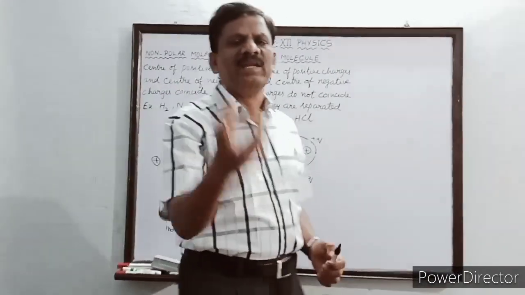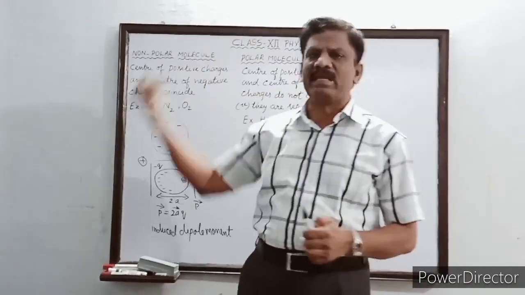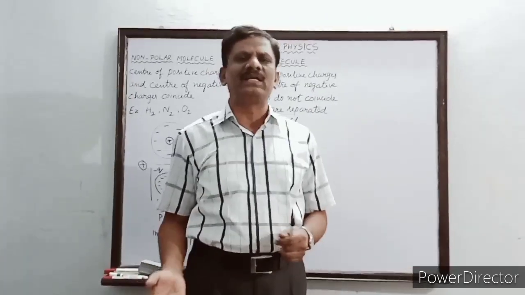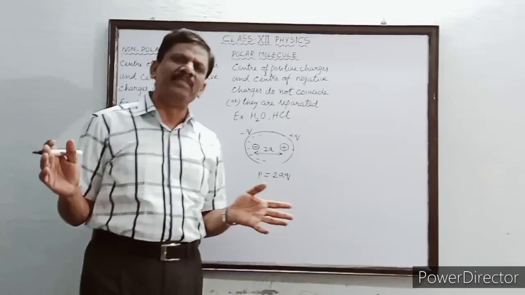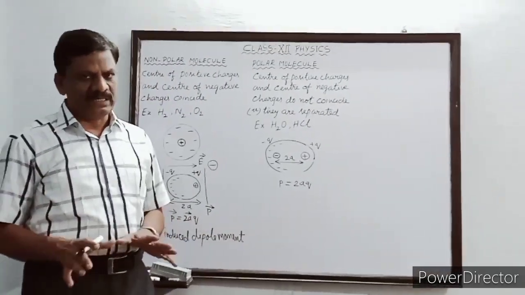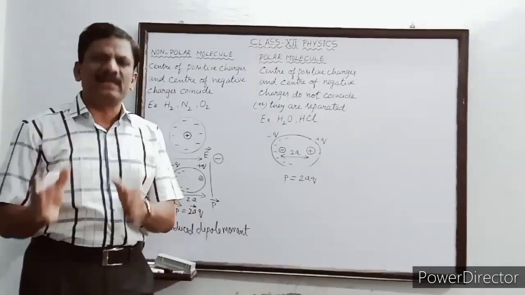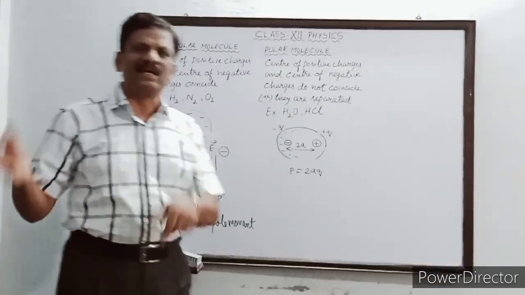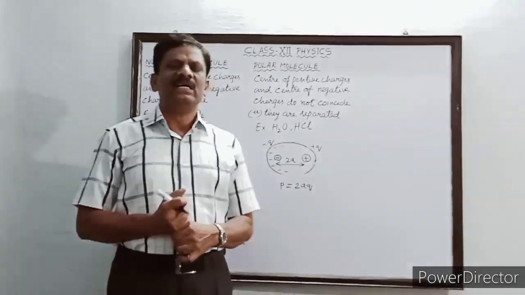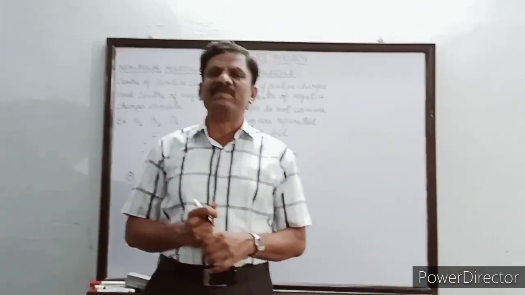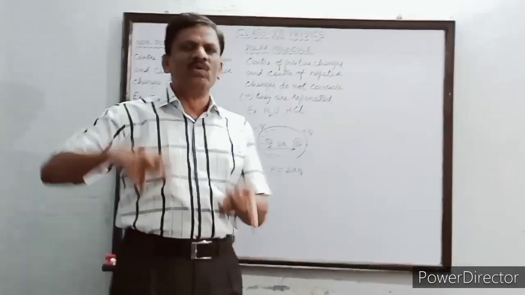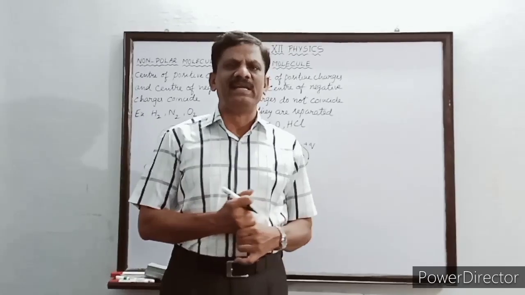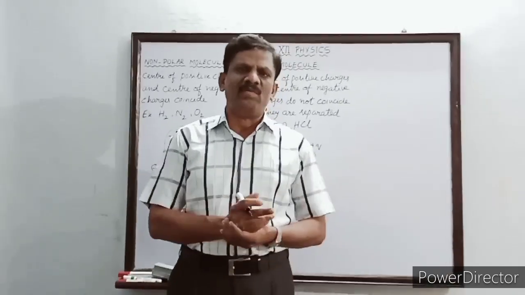Again, when I remove the molecule from the electric field and keep it outside the field, again redistribution of charges will take place and the charges will be symmetrically distributed. So long as the non-polar molecule is kept inside the electric field, it will possess a dipole moment which is called the induced dipole moment. Again, when you remove it outside the electric field, it will lose its dipole moment.